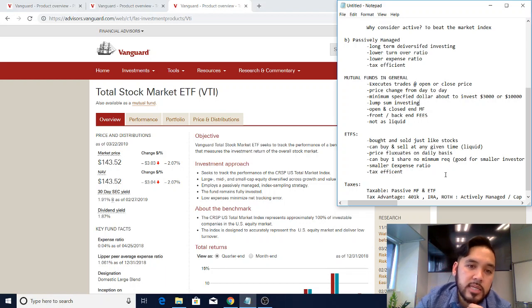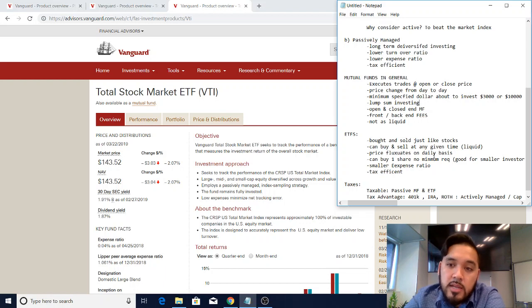That's why I like ETFs a little bit better. You could set a limit order at a particular price that you want to buy at. As opposed to a mutual fund, where you have to wait to the close at the end of the day, and you have to really monitor that price to actually buy into the mutual fund. With ETFs, it's a lot easier.